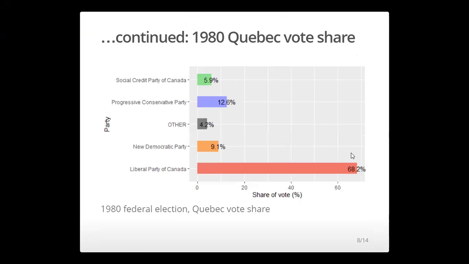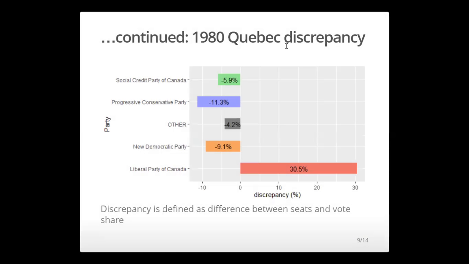But the popular vote was only around two thirds. If you compare the two measures, the Liberals got 30% more seats than their popular vote would have indicated.